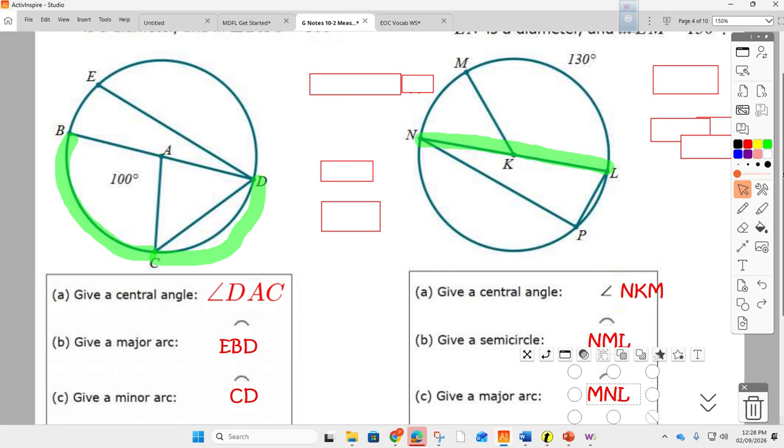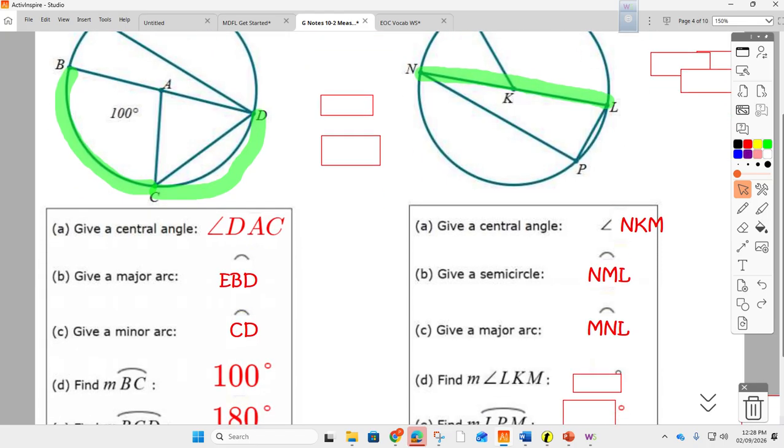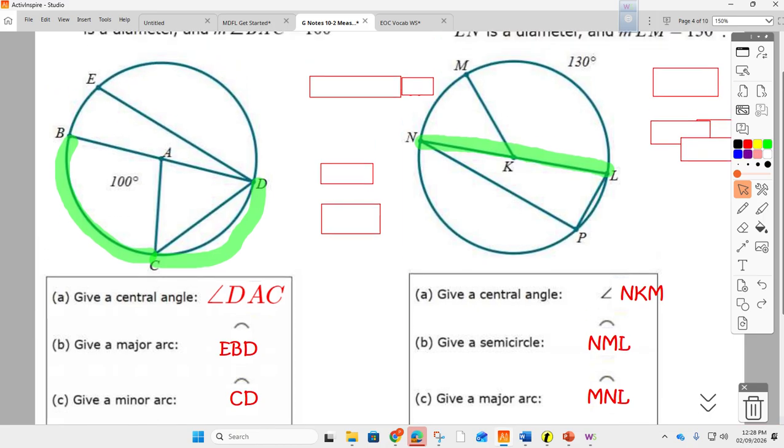And can we find the measure of angle LKM? So remember, it's been a while since we've done this. To identify that angle, start at the letters I gave you. LKM. That means we're looking for this angle.